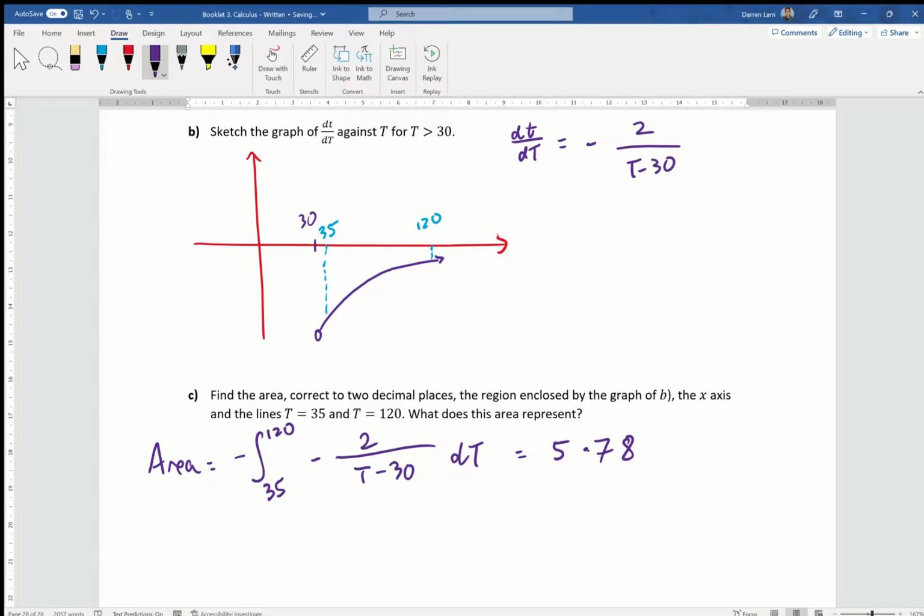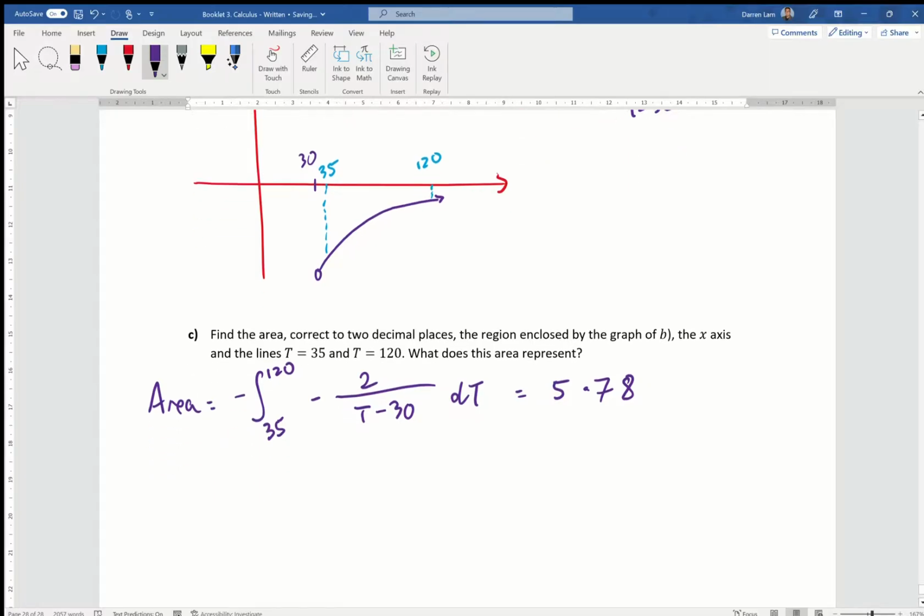What does this area represent? Now, you've got your time, your rate of time, changing depending on the temperature. So when you do this area, you're integrating.